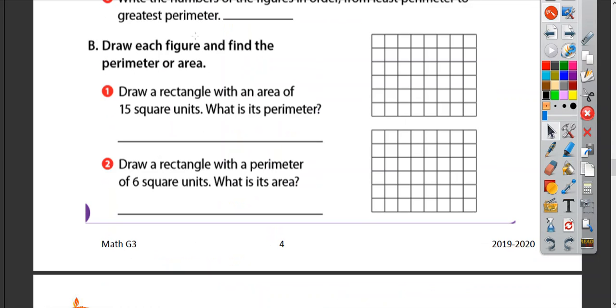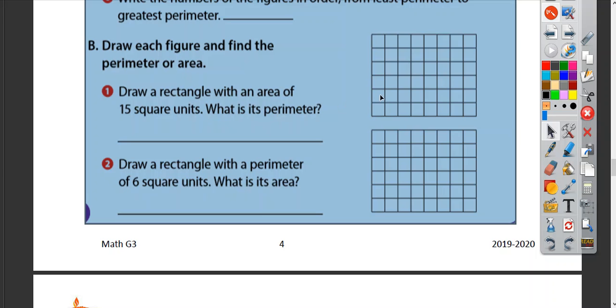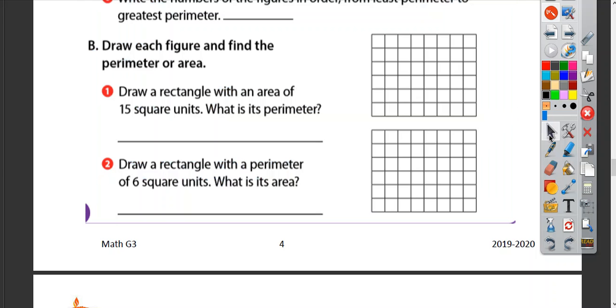Now question B. Draw each figure and find the perimeter or area. Draw a rectangle with an area of 15 square units. What is the perimeter? When you think about the area, think what times what will give you 15? Yes, 5 times 3. So you will draw a rectangle.